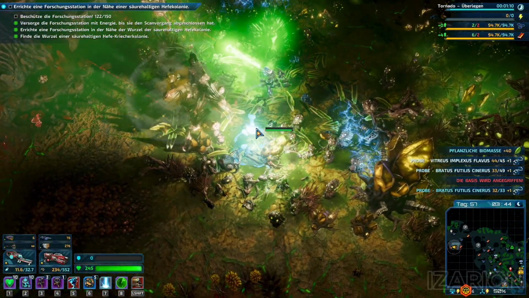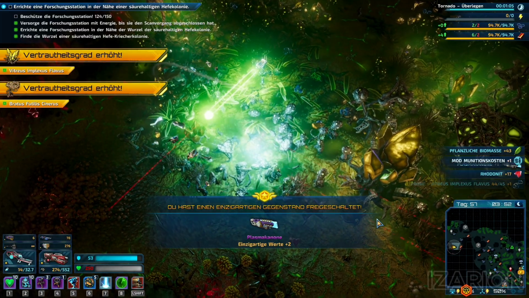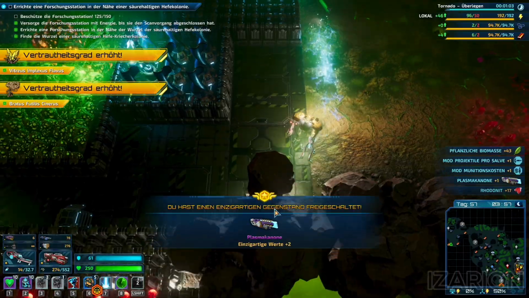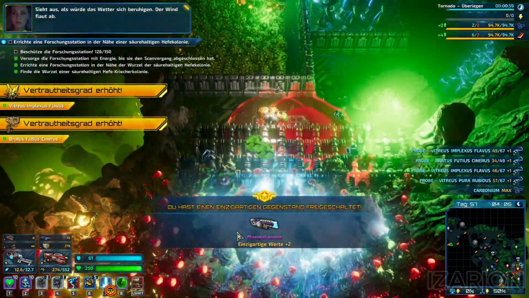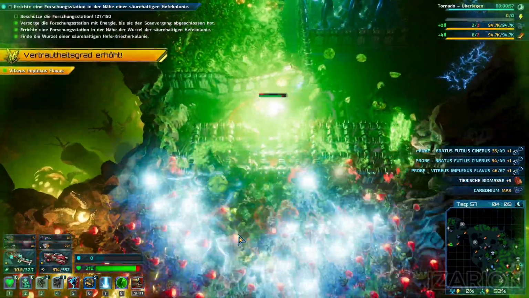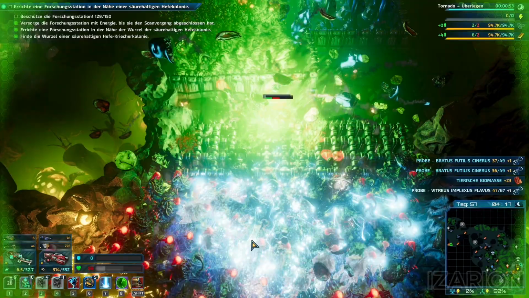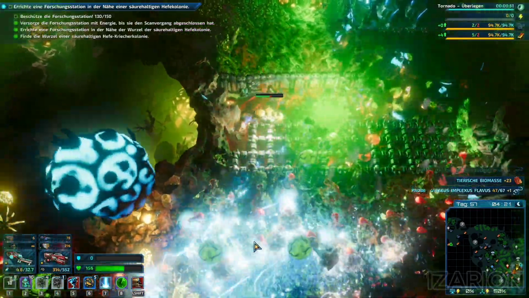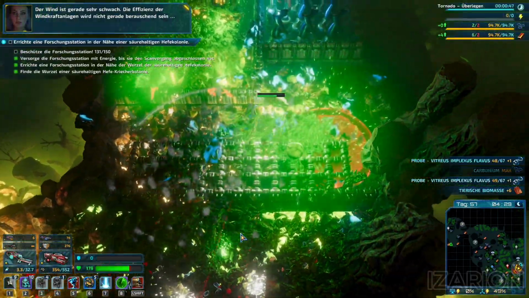Under attack. It looks like the weather's calming down. Wind is getting slower. The wind is very slow today.